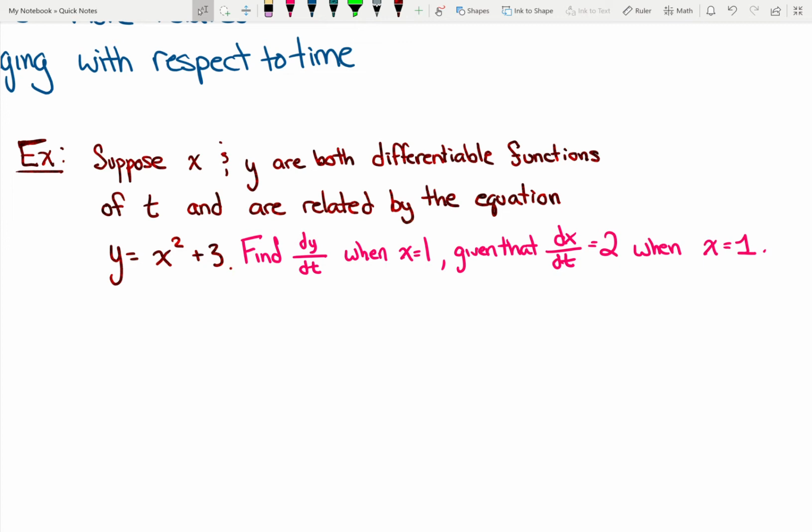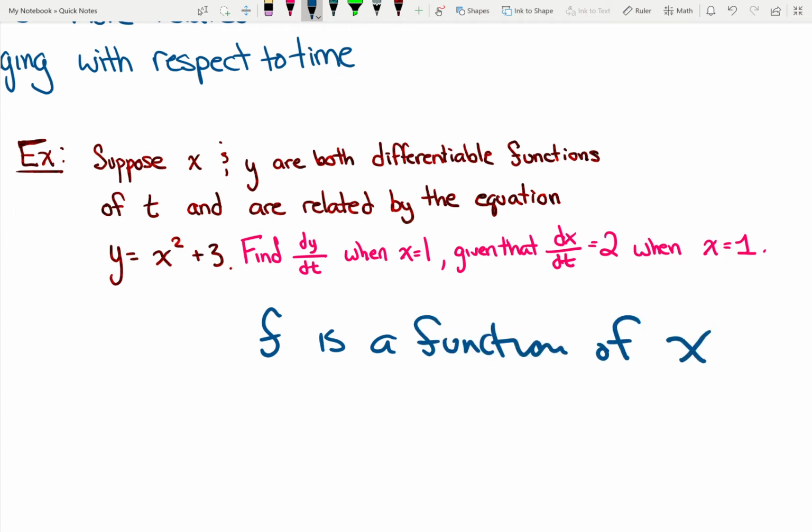So how do we write that mathematically? We are used to sentences like: f is a function of x. How do we write it? We write it like this: f of x. We're using the same approach.